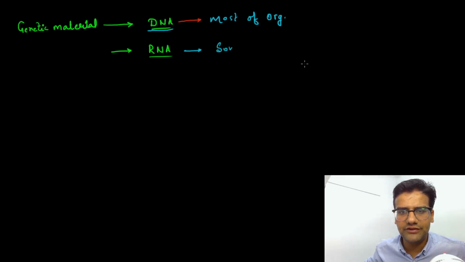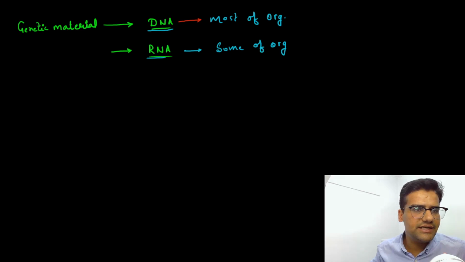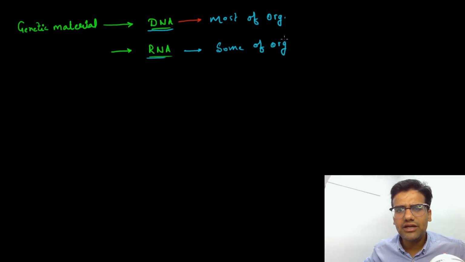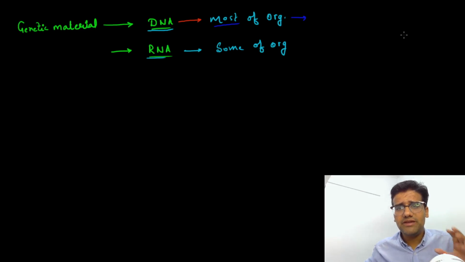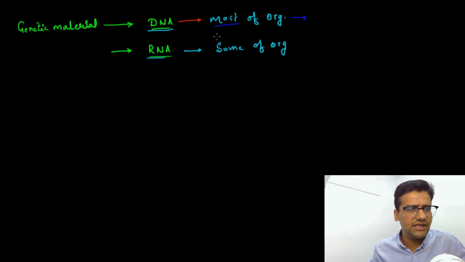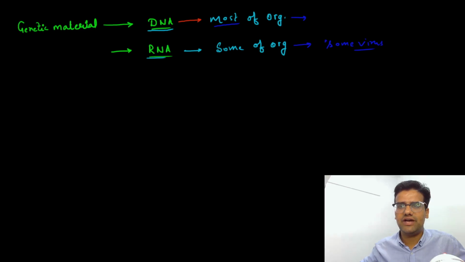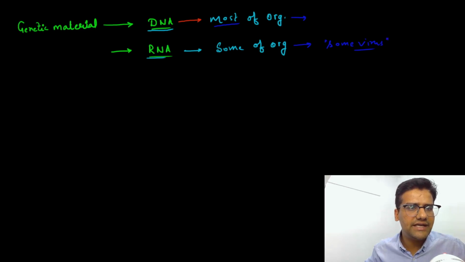For example, some viruses contain RNA as genetic material.